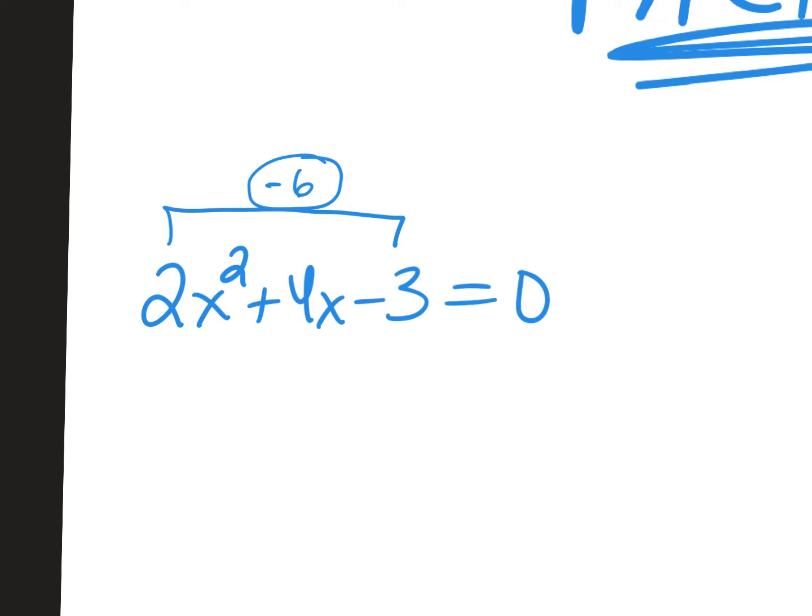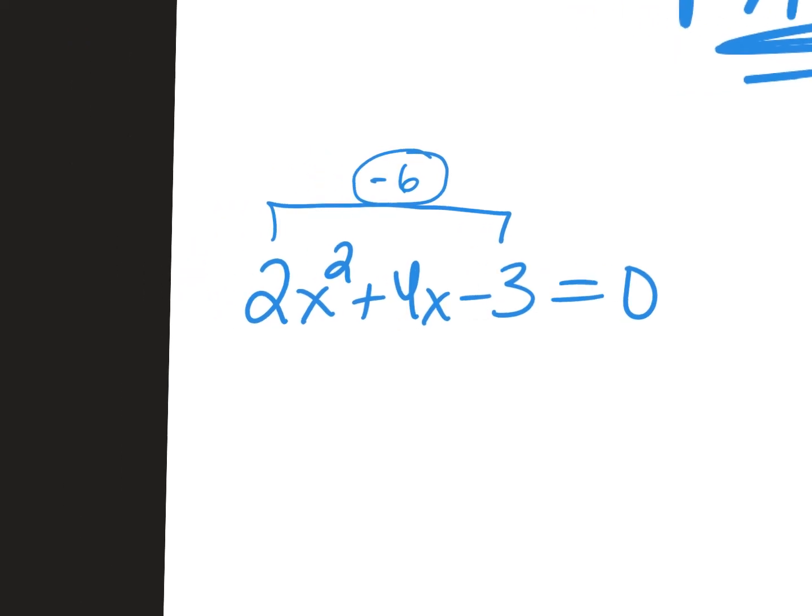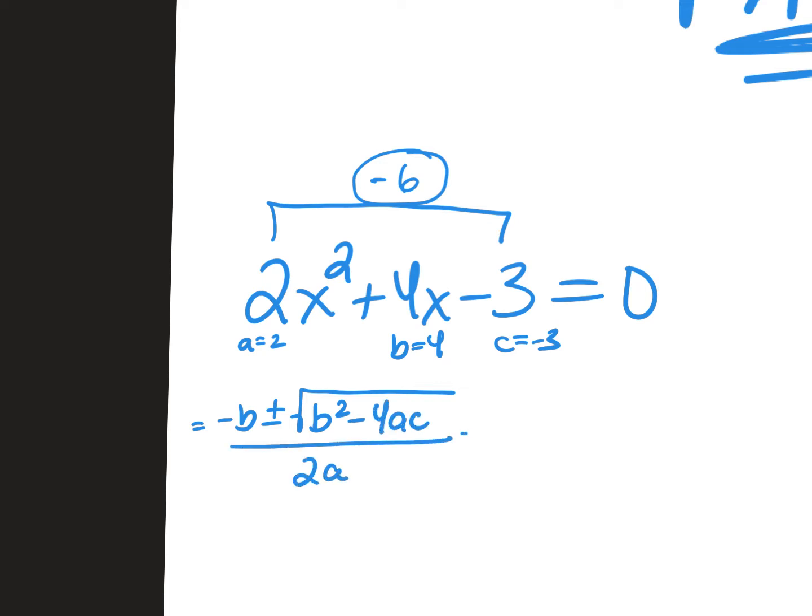So what do we use when something doesn't factor pretty? The quadratic formula. So a is 2, b is 4, c is -3. My quadratic formula is -b plus or minus the square root of b squared minus 4ac all over 2 times a.